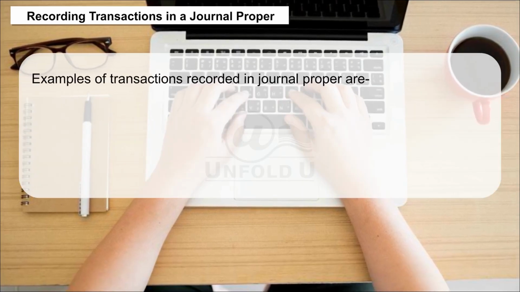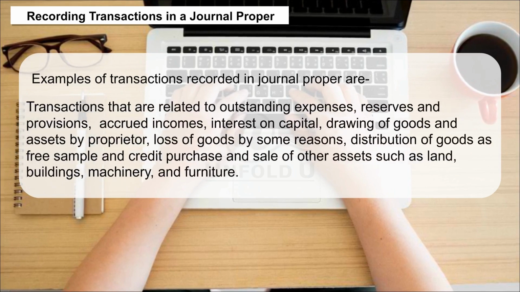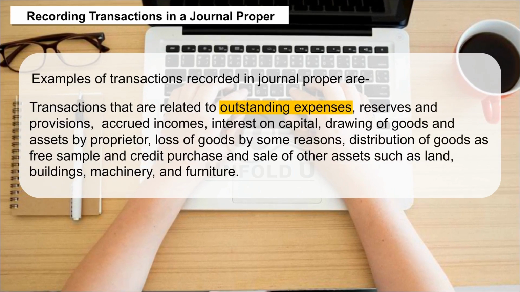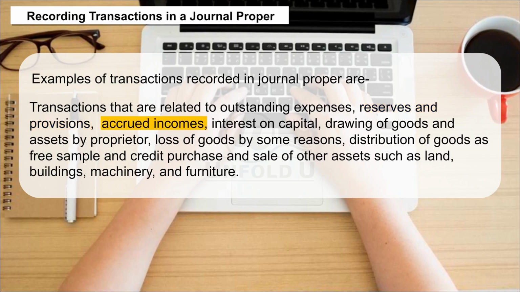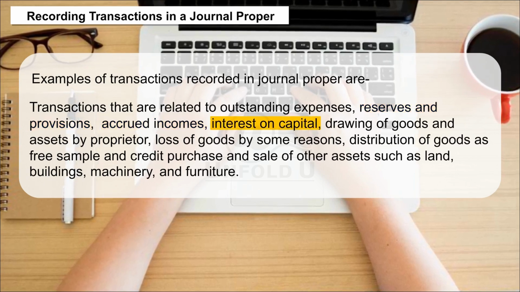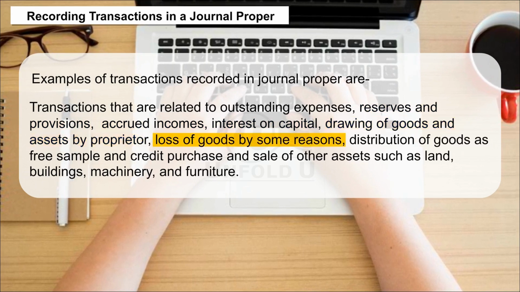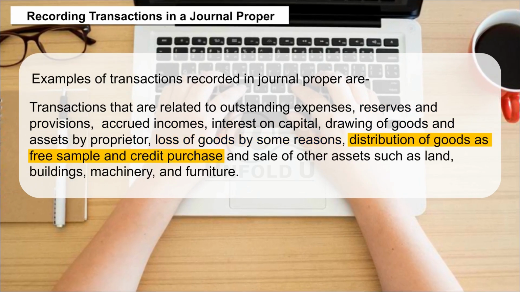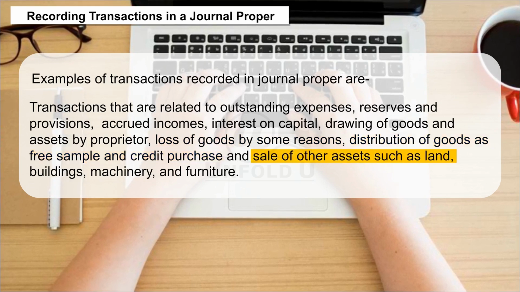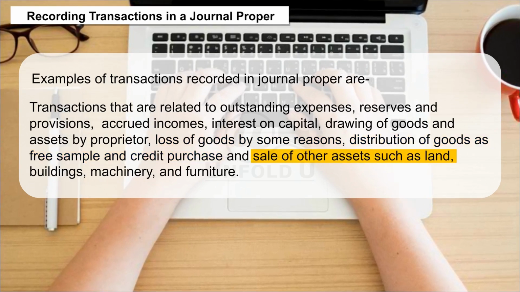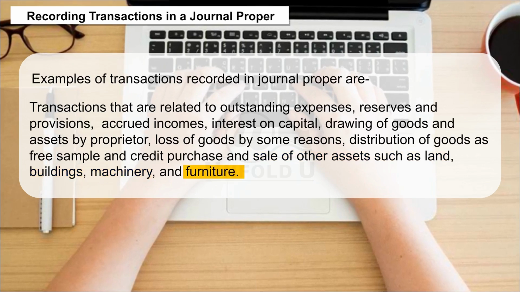Examples of transactions recorded in journal proper are transactions related to outstanding expenses, reserves and provisions, accrued incomes, interest on capital, drawing of goods and assets by the proprietor, loss of goods by some reasons, distribution of goods as free samples, and credit purchase and sale of other assets such as land, buildings, machinery and furniture.